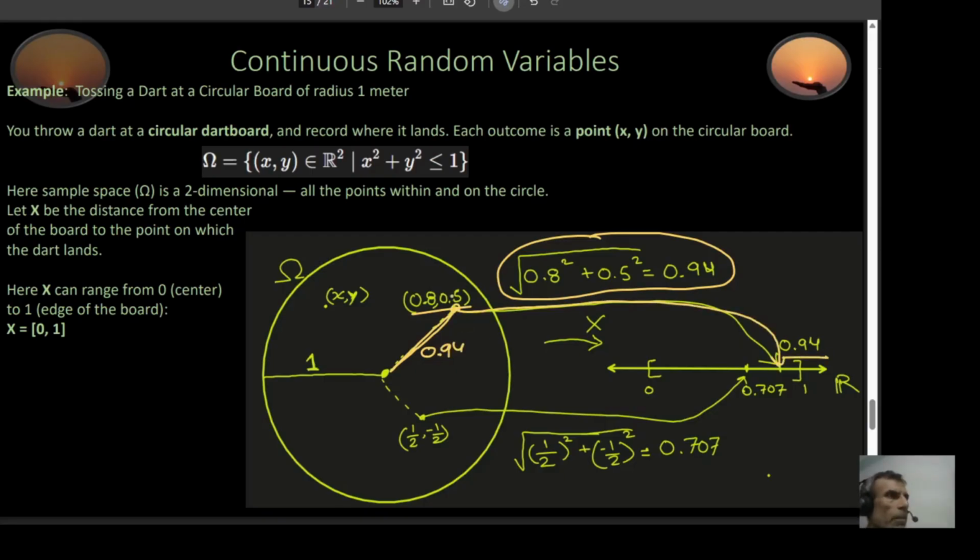This way you can map every single point in there to a corresponding point on the real number line R, and these points will always get mapped between 0 and 1. So think of your X as a mapping function that's mapping your sample space to a number between 0 and 1.